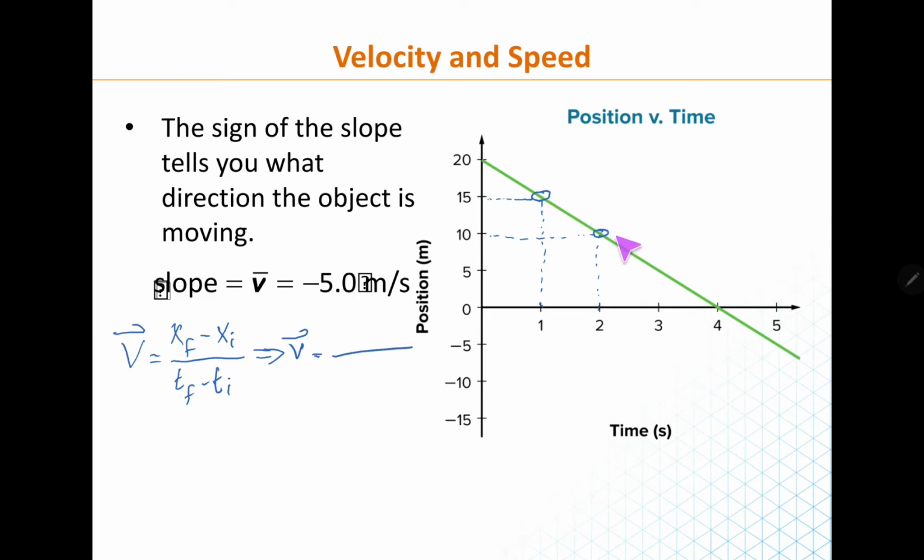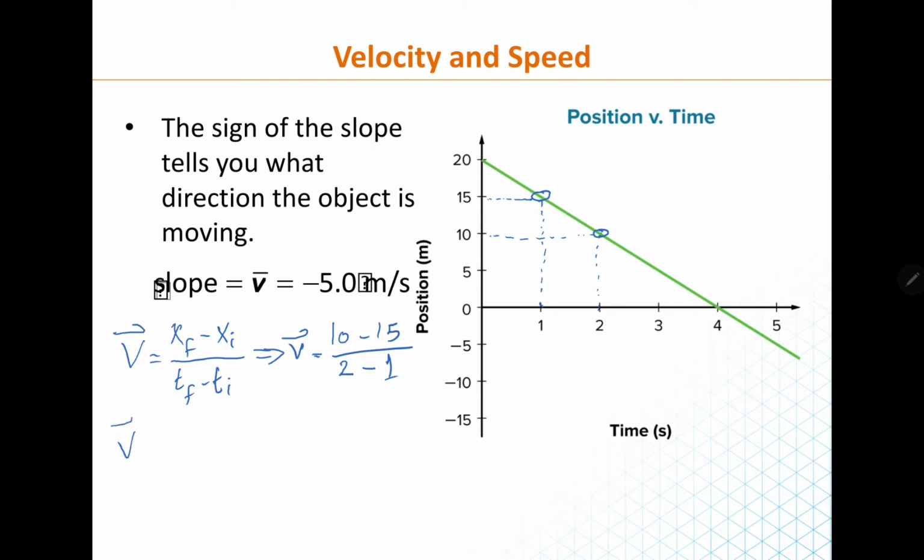So x final equal to 10 minus x initial equal to 15 over t final, which is equal to 2 minus t initial, which is equal to 1.